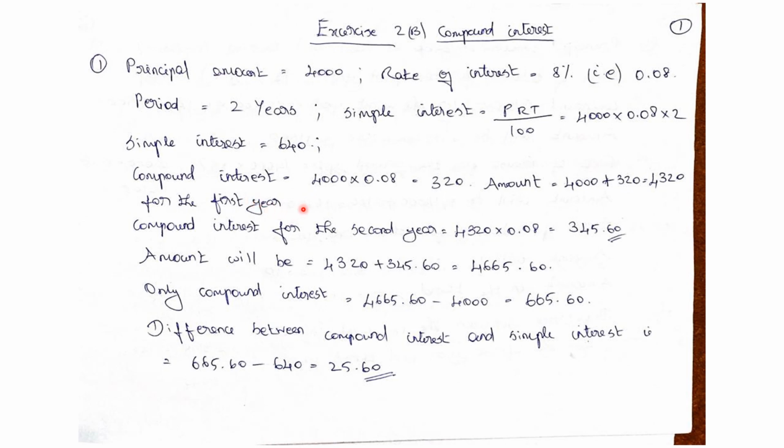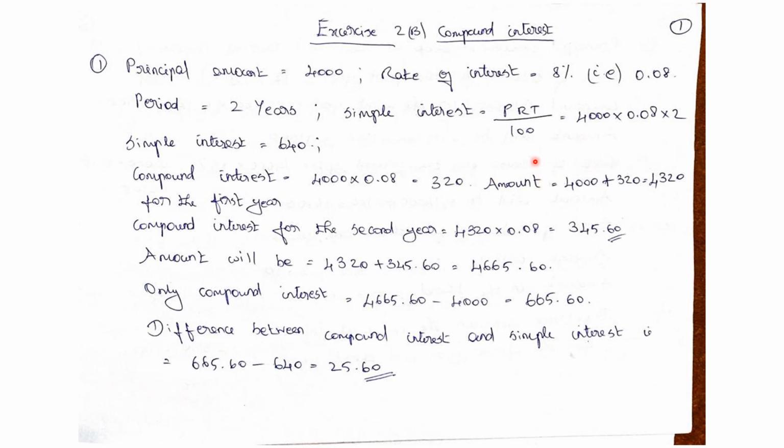Now we need to calculate the compound interest, but in this exercise we are going to calculate the compound interest without formula. So for each and every year we need to calculate. For the first year, the principal amount is 4,000 into rate of interest 0.08, which is equal to 320. This is the compound interest.